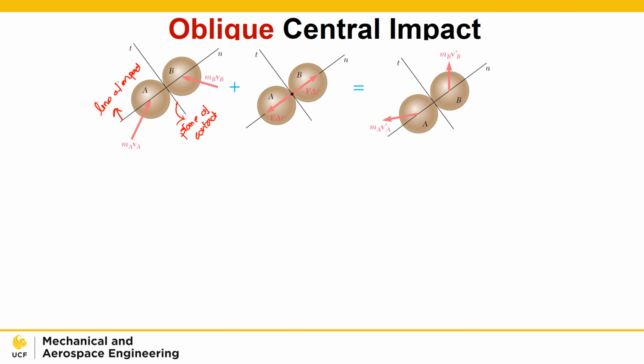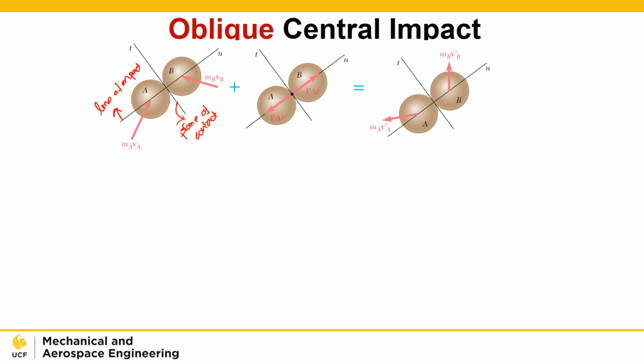F delta t and minus F delta t are the internal impulses acting on the particles along the n-axis during the impact, and MAVA prime and MBVB prime are the final momentum of the particles after impact.